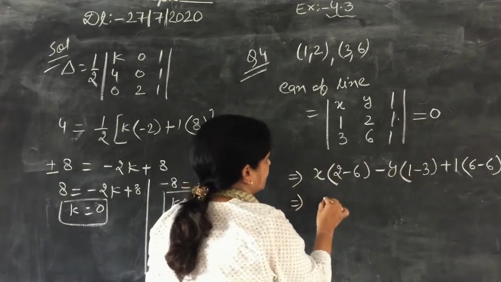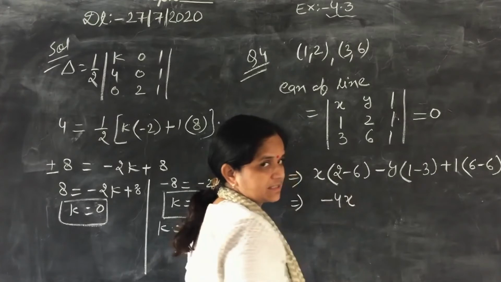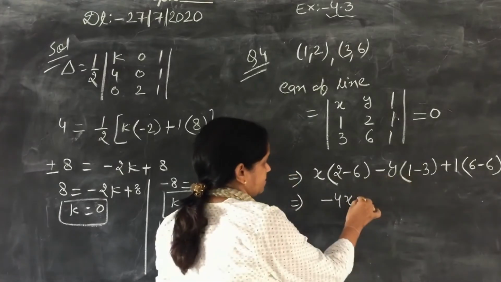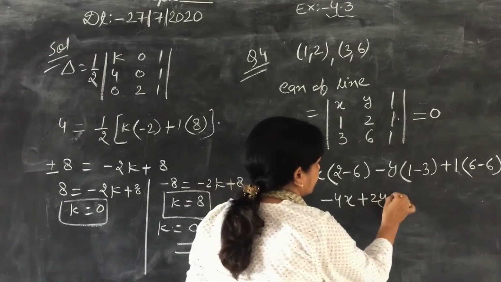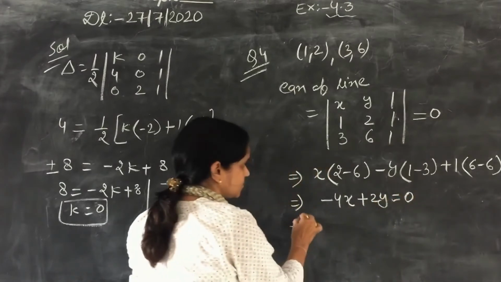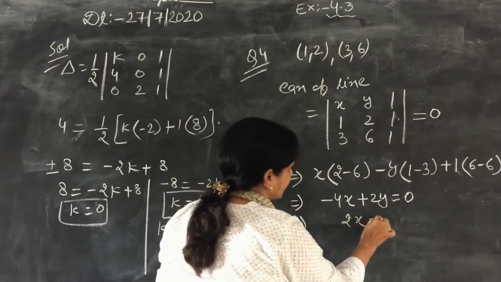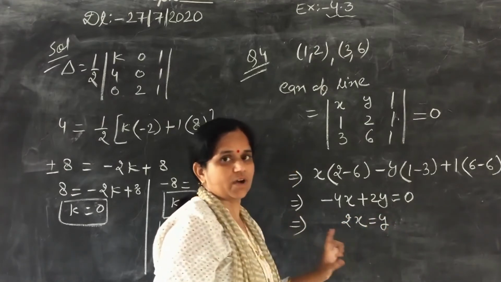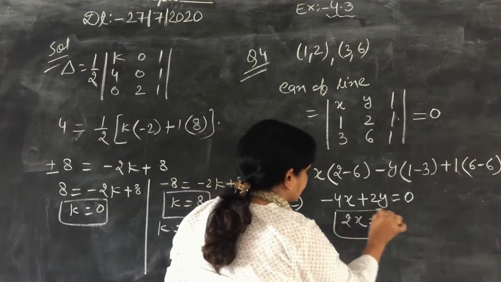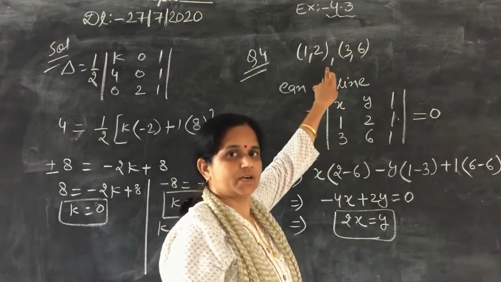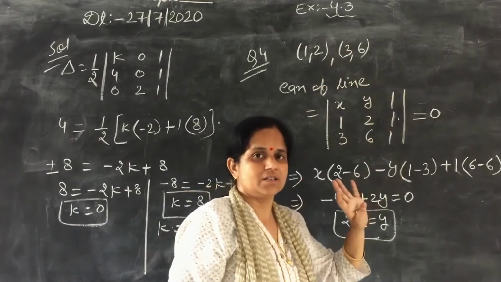And now it's minus 4x here, minus 2 and minus 1, it becomes plus 2y is equal to 0. And we can write it as 2x is equal to y. So it is the equation of the line joining the points (1, 2) and (3, 6).